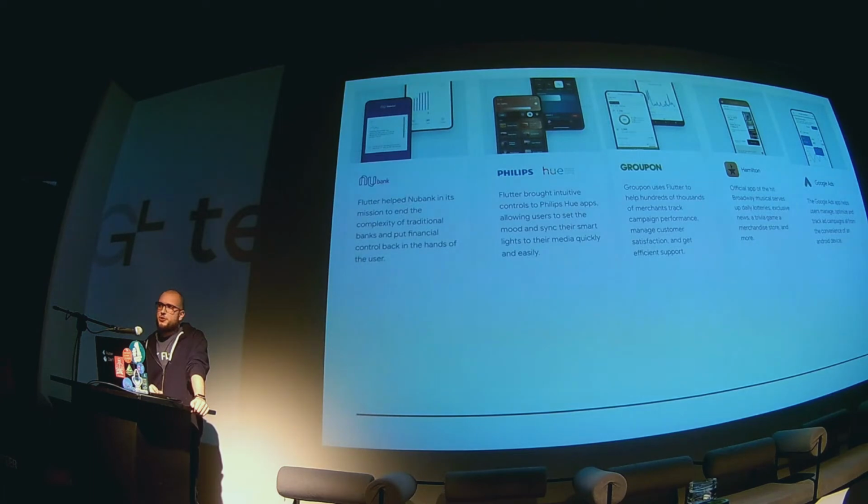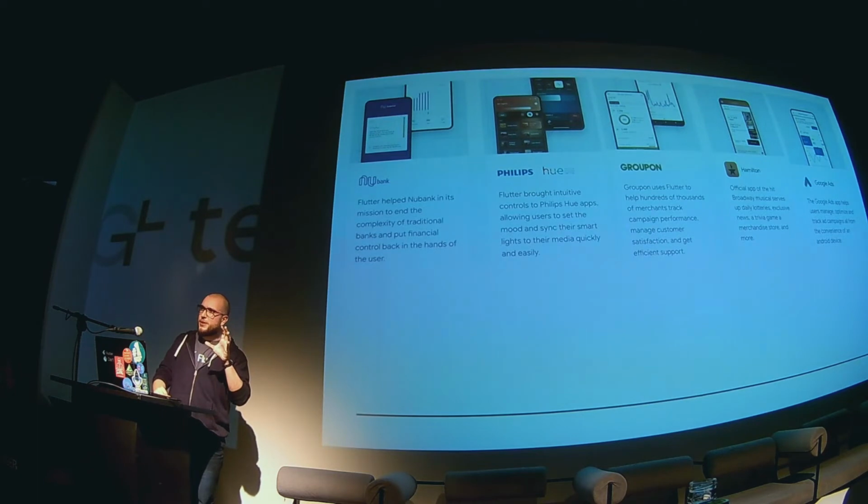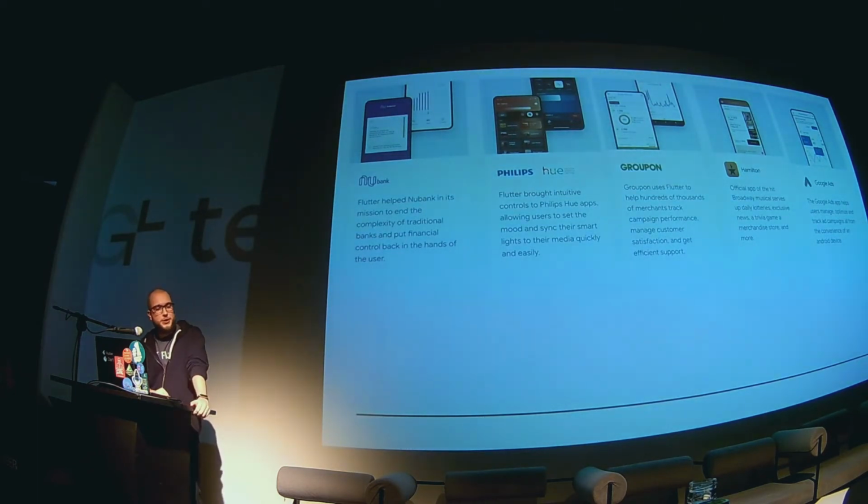They also published a report comparing React Native, Flutter, and some other cross-platform frameworks, and they describe why they chose Flutter. You can easily find this on the internet. Next one is Philips Hue. Philips has RGB bulbs, so you can change their colors in your room, and the application for that is written in Flutter.